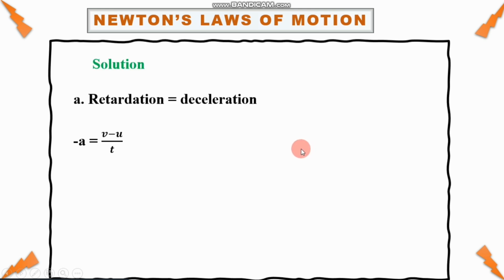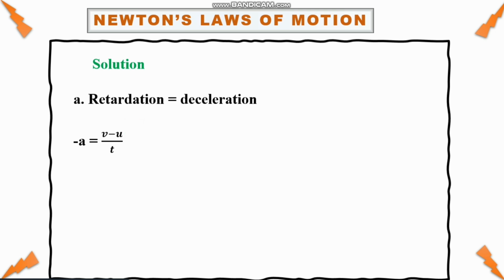So when I have a negative before the letter a, which means acceleration, negative a means deceleration or retardation, and it will be given by the final velocity, which is 0, remember, this car was brought to rest, minus the initial velocity, which is 35 meters per second, divided by the time, which is 10 seconds.